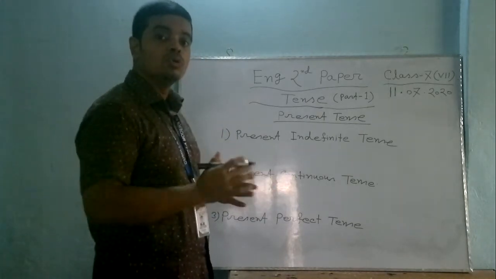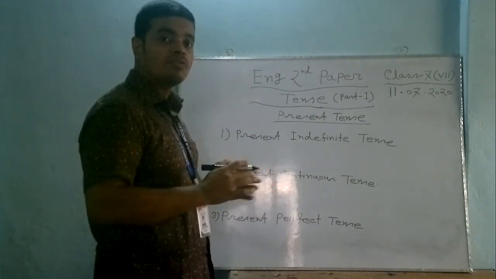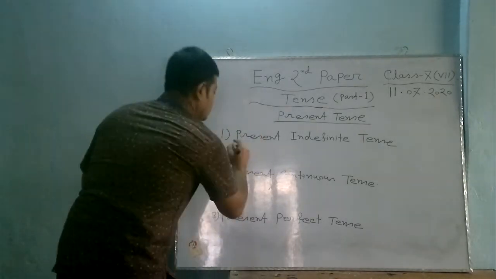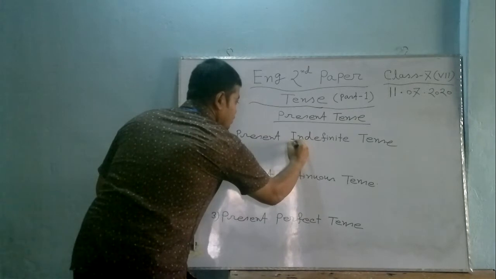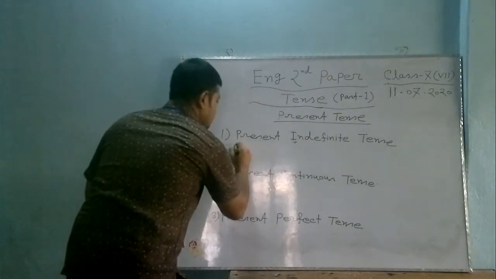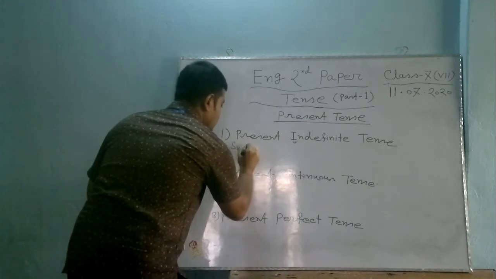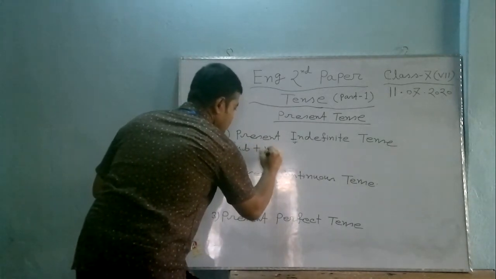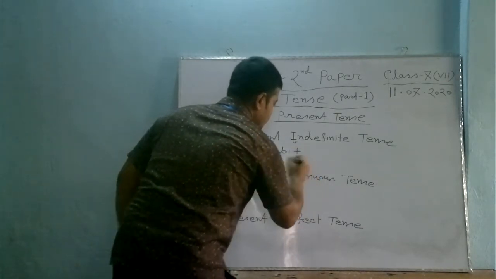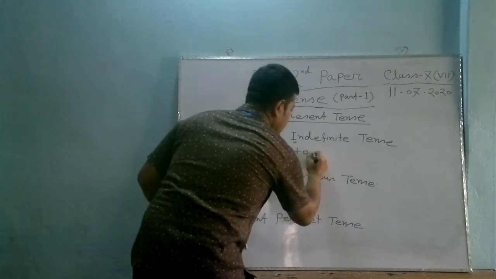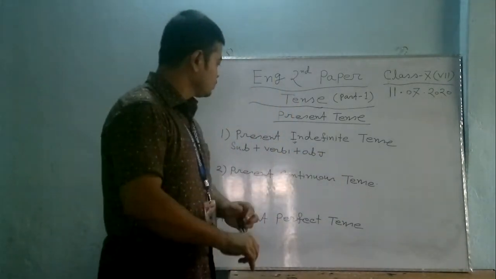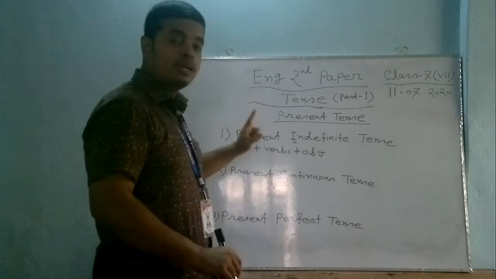You should follow a structure for every tense. For the present indefinite tense, you can follow a structure such as subject plus verb 1 plus object. You can write this structure in your script.